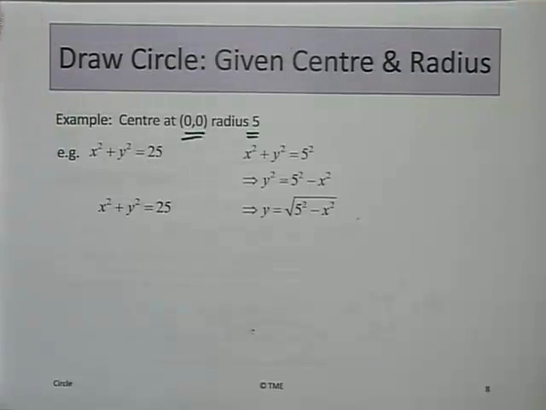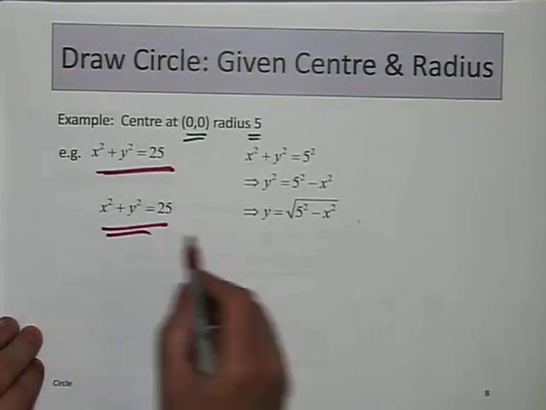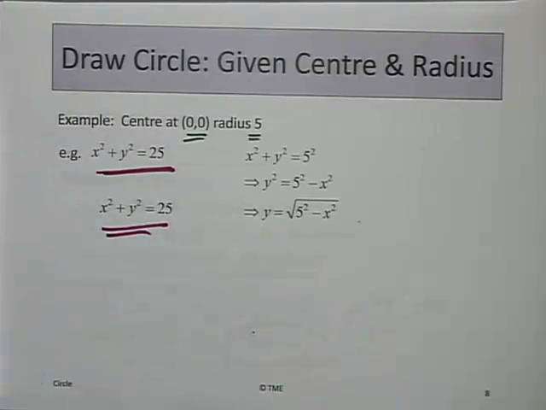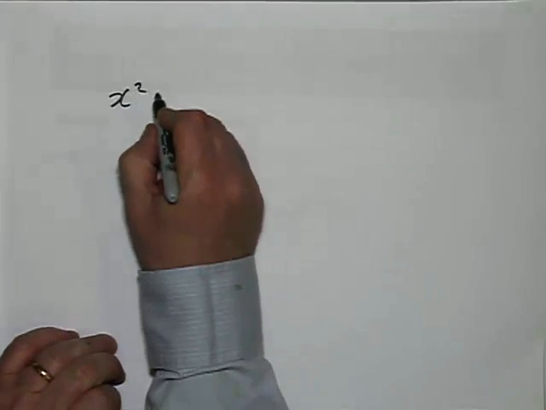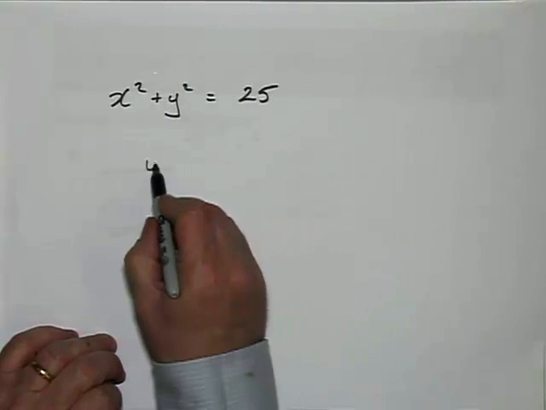Okay. So we get x squared plus y squared is 25. How would we solve for y? Well, we've done a lot of rearranging of formulae. Basically, we're saying if x squared plus y squared is 25, what's y?